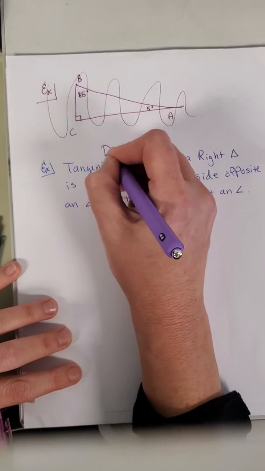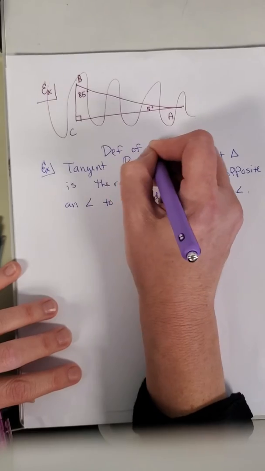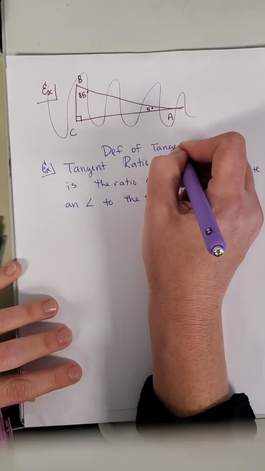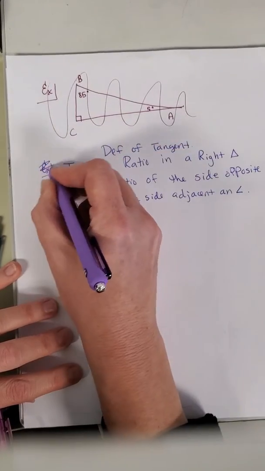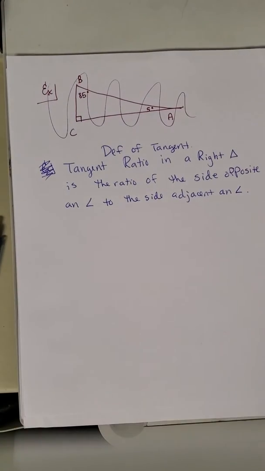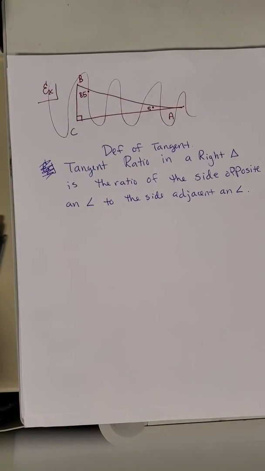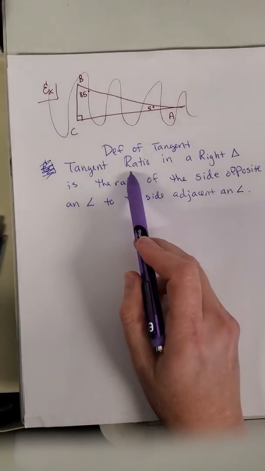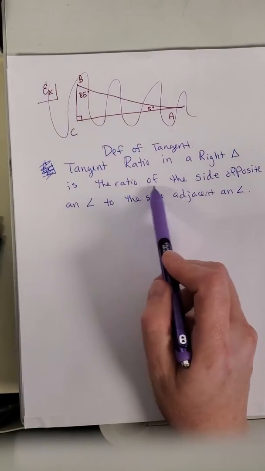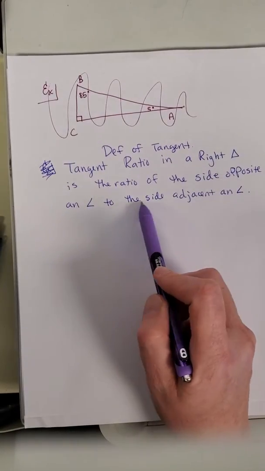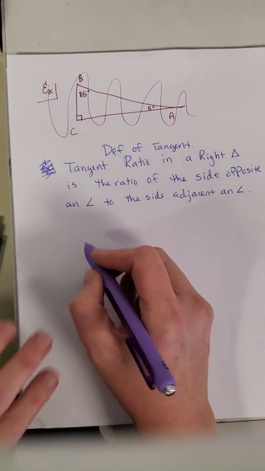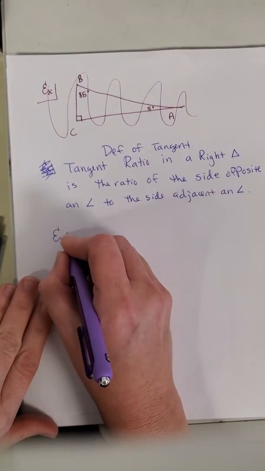This is actually the definition of tangent. So it's not actually an example. It's the definition of tangent. Again, the tangent ratio in a right triangle is the ratio of the side opposite an angle to the side adjacent an angle. So we're going to go ahead and do an example.